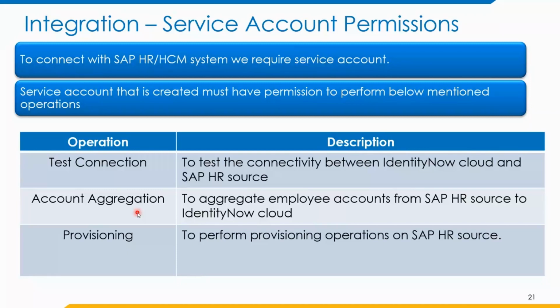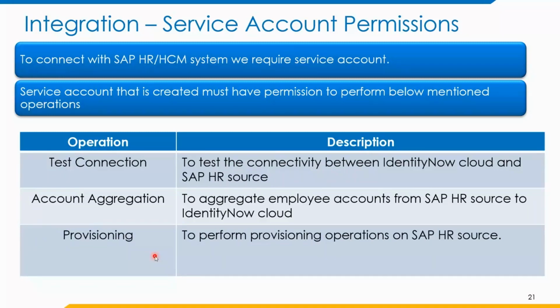Coming to account aggregation, we already discussed that it is nothing but getting the accounts from the SAP HR system, which is considered a truth source, and creating the identities in SailPoint IdentityNow. Coming to provisioning, in some situations we need to write back the data from SailPoint IdentityNow to the SAP HR sources. So these are the three permissions required for the service account that we are going to create.